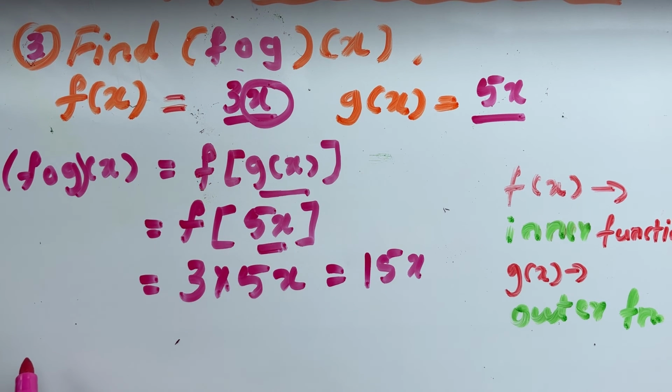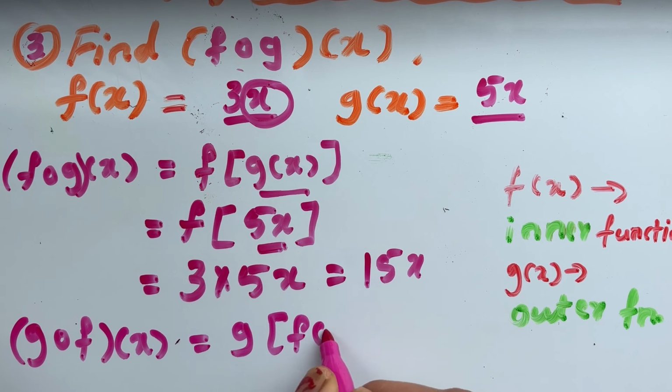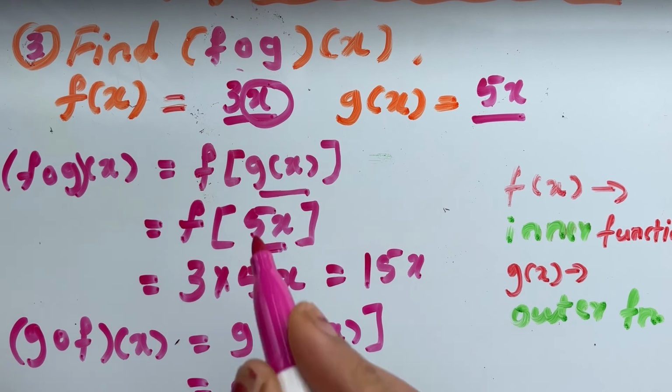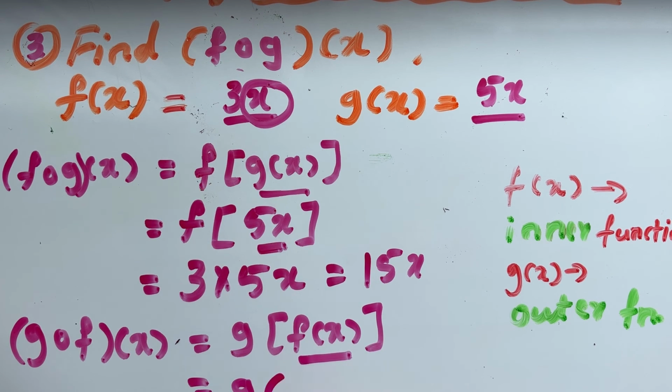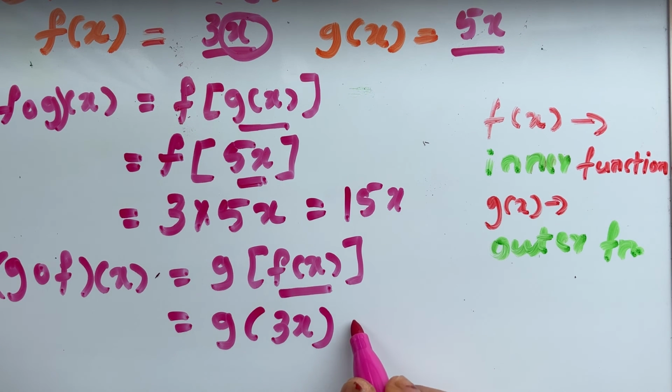Now find g composition f of x, which is nothing but g of f of x. The inner function is f of x. So our f of x is 3x. You are sending 3x through g of x.